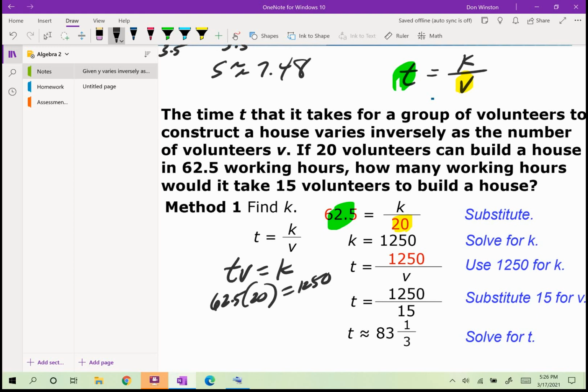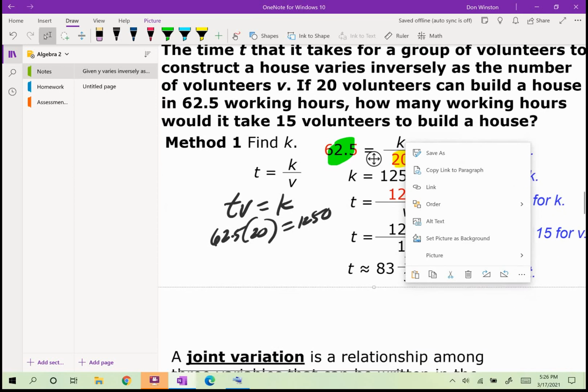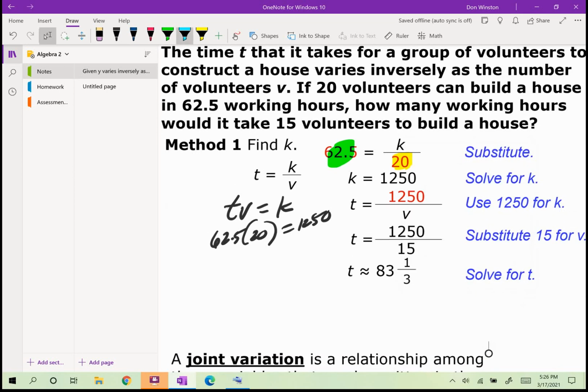So we're looking for T in this case. The number of volunteers is 15, so 1250 divided by 15 is 83 1/3 hours.